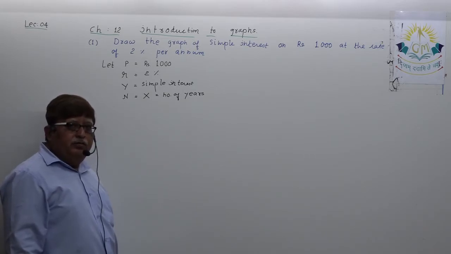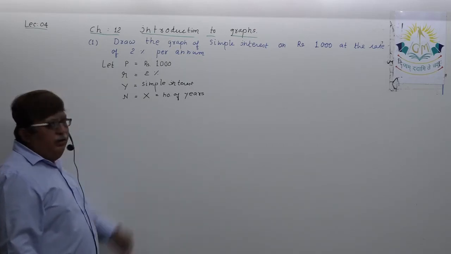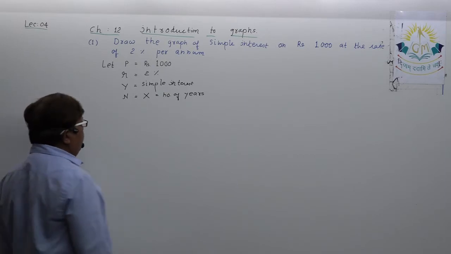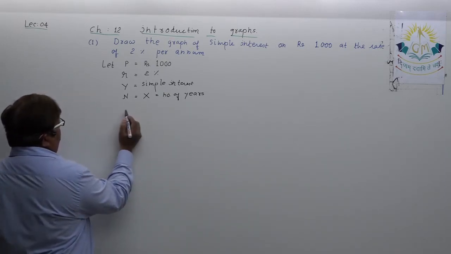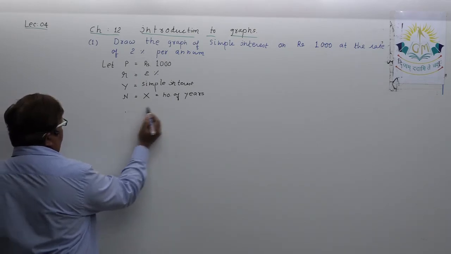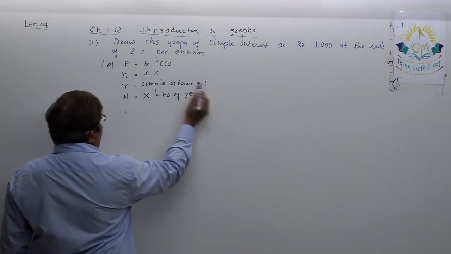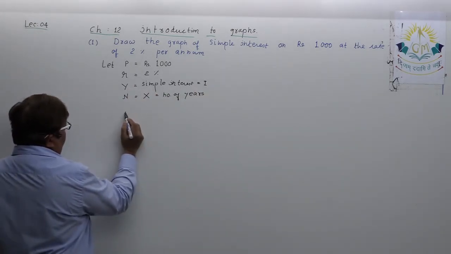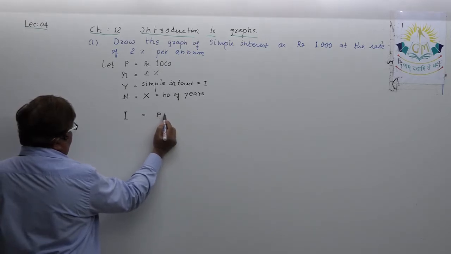Actually, for number of years, in the basic formula, the symbol is either N or T, but we will take it as x. Now, dear student, what is the formula for simple interest? You all know. For simple interest, generally we take the symbol I, but here we will take y. First, let me write the basic formula. What is that?